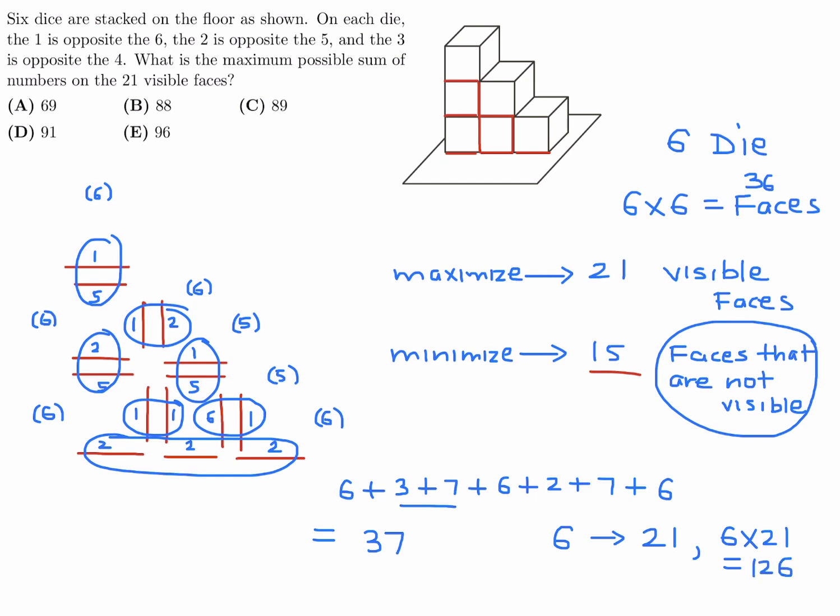So if you have 126 as your total, and you have 37 on the faces that are not visible, if you subtract, you get the sum on the faces that are visible. And 126 minus 37 is 89. And that is the maximum sum that you can put on the 21 faces that are visible. So this question, the answer is C.